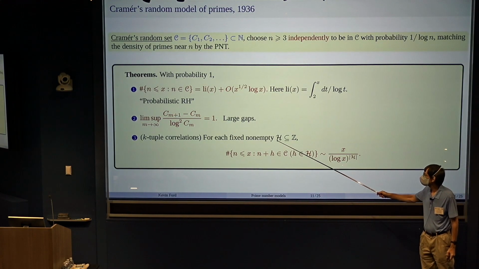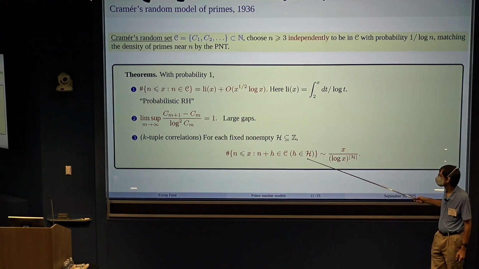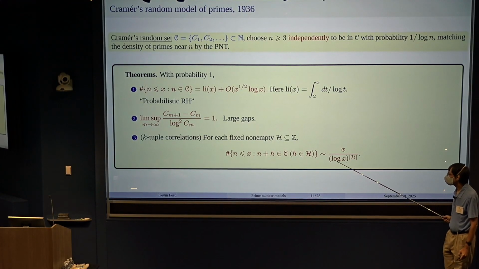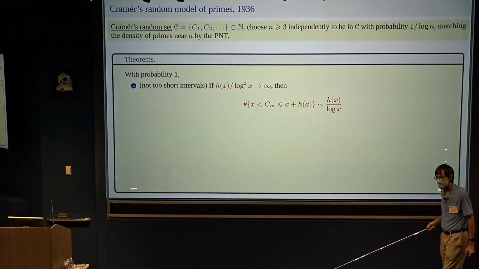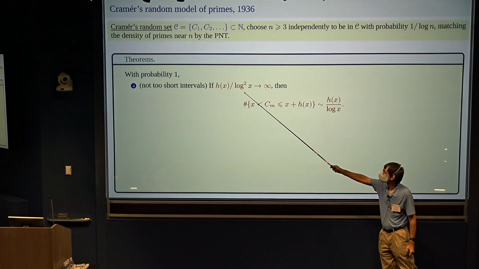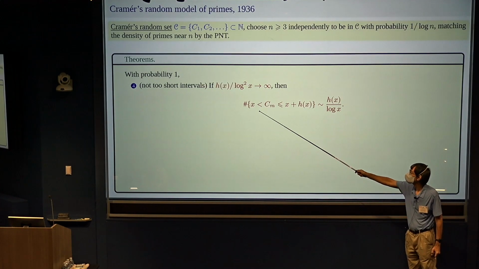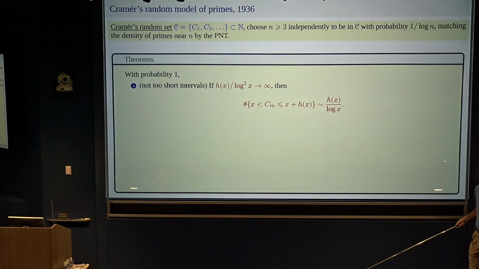So you take a non-empty finite set H, and you want to know how often are all the numbers n plus h in your set, where h lies in script H. It's asymptotic to x over log x to the size of H. That's for any H. In terms of intervals that are longer than what he showed for the largest gap, as long as h of x grows a little bit faster than log squared of x, if you count the number of elements between x and x plus h of x, that's asymptotic to h of x over log x, which is the expected value, but you actually always have that number.